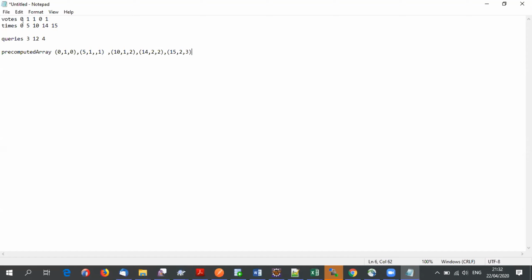At t equals 5, we have 1 vote to the 0th candidate and 1 vote to the first candidate. Similarly, we build this array. Now if I have to search at t equals 3, I'll just binary search over this and pick the first element that is close below. I think it has some technical term also, like in a tree map.